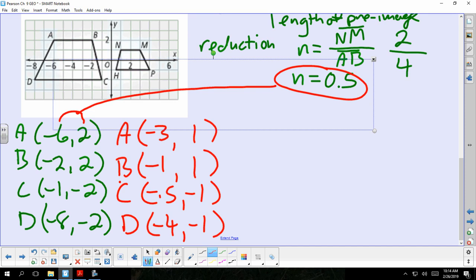We'll go ahead and graph those and see if I need to either translate it over to map ABCD on top of MNHP, or if I need to do a reflection or possibly a rotation. I'm going to graph these.